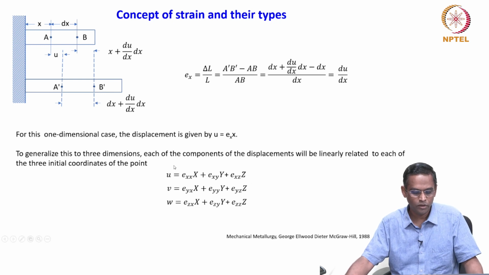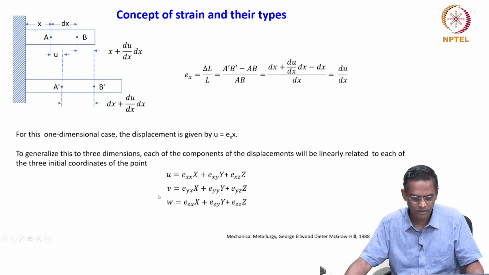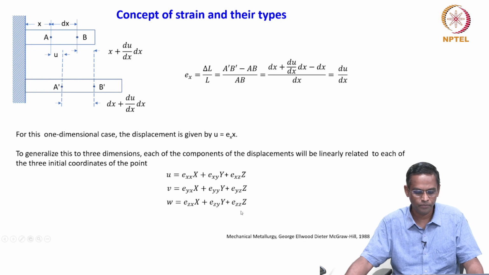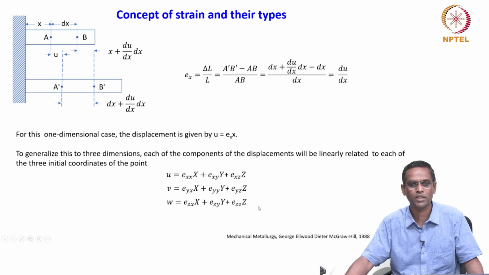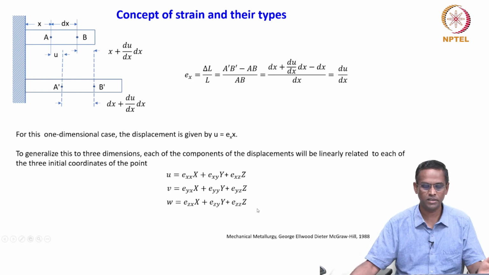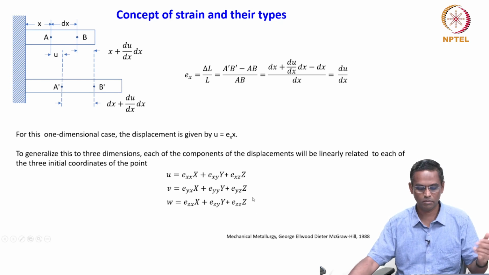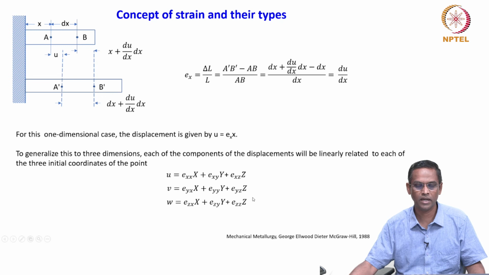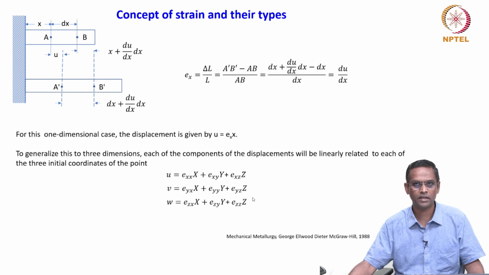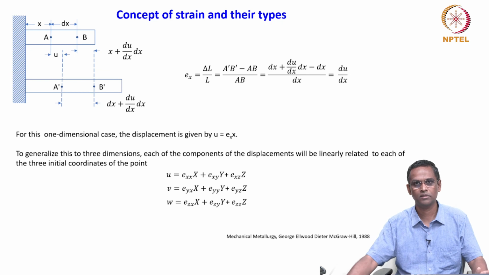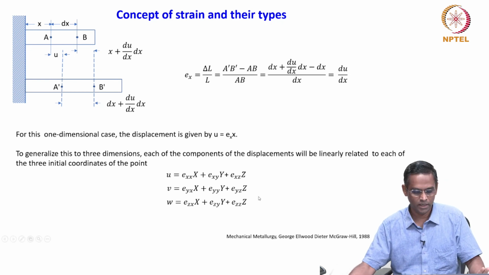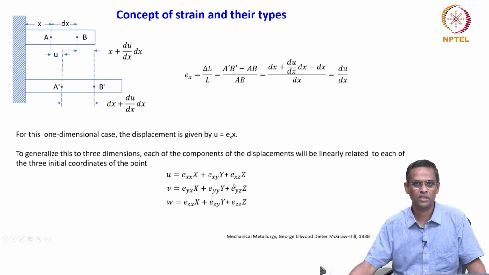So you can also correlate this. It is quite familiar to us, right? This kind of equation we have already seen for the stress, right? Sigma xx, sigma xy, and sigma xz, right? So here it is Exx, Exy, and Exz. So what is that? It is simply the normal strain and the shear strain.